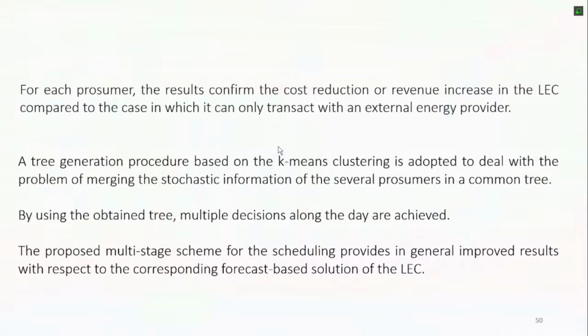Multiple decisions along the day are achieved, and the proposed multi-stage scheme for the scheduling provides in general improved results with respect to the corresponding forecast-based solution of the local energy community. This considers just the forecast, takes the decision and then implements it during the day without updating.